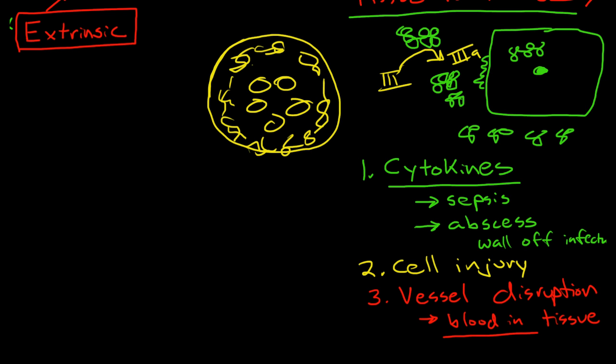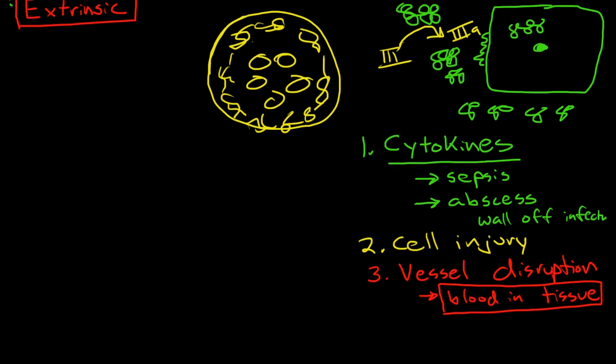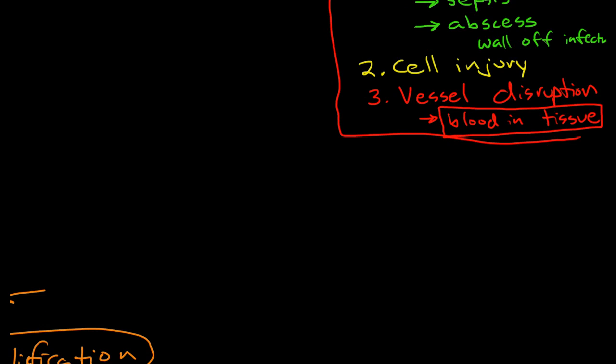I'm not sure exactly which protein in the blood is involved in this. There's probably several, but blood in the tissue will activate tissue factor as well. Okay, so let's talk about what happens. Any of these three things will cause tissue factor to turn into its active form.